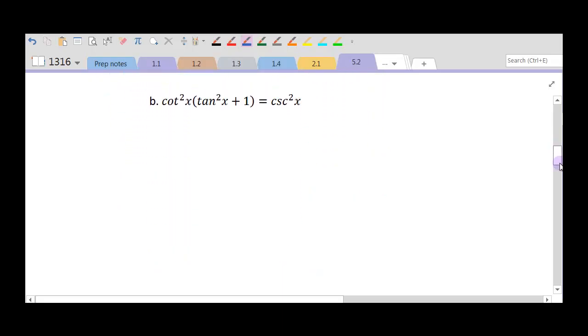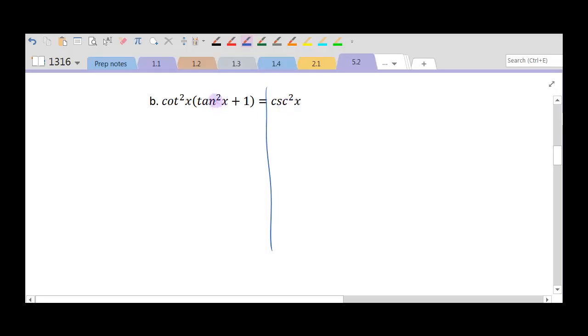Here I have cotangent squared x times tan squared x plus 1 is equal to cosecant squared x. The left-hand side is much more complicated than the right, so we're going to start again on the left. It's not always going to be that case, but for this example it will. So I'm going to try to see if I can turn all of this into one term, which is cosecant squared x.